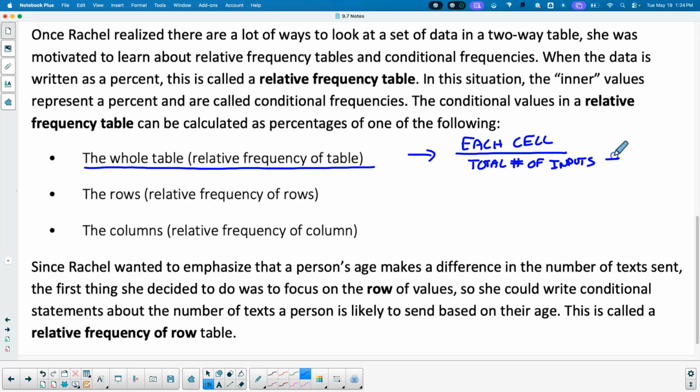Meaning this lower right corner, that total. Okay?